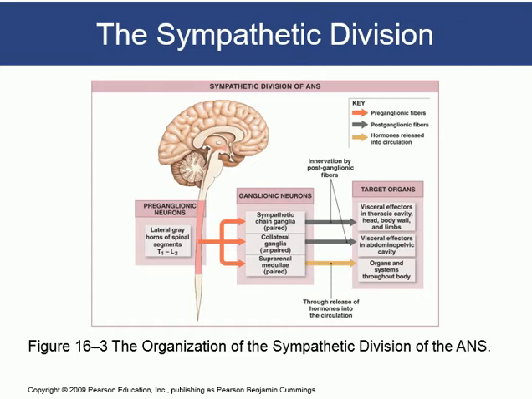So the suprarenal medulla is actually a modified one of these. During embryonic development, they come together just like those, but they become a large gland above the kidney. And this is called the suprarenal medulla.